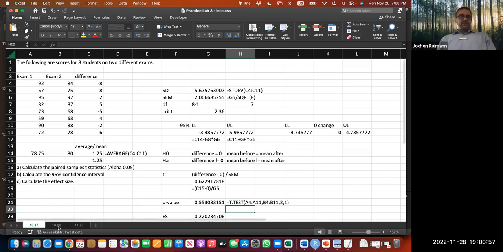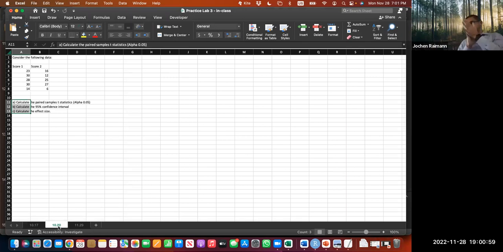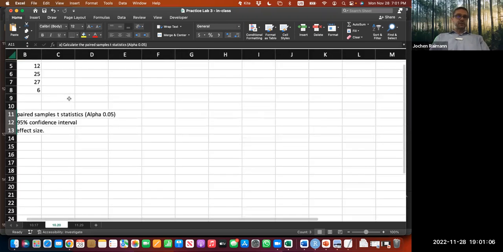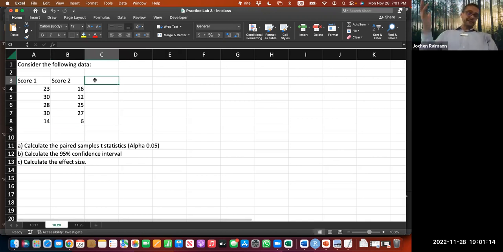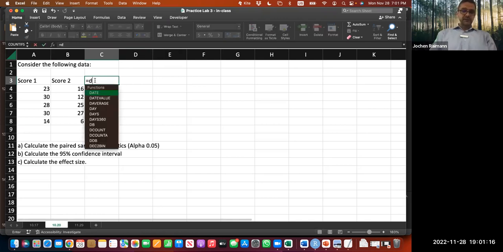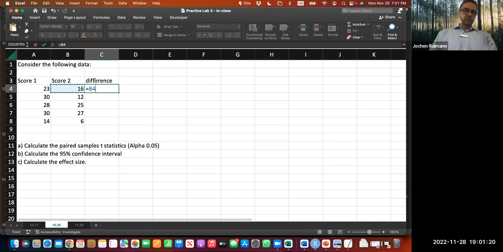Back to the next example. So we're going to 1020. That's the second worksheet. Same principle, same test. It's actually so repetitive that we're almost going to skip most of it. The only reason why I wanted to include it is because there's a slight difference, which you will notice in the results. So we're doing a difference. Same thing. We're doing score 2 minus score 1.